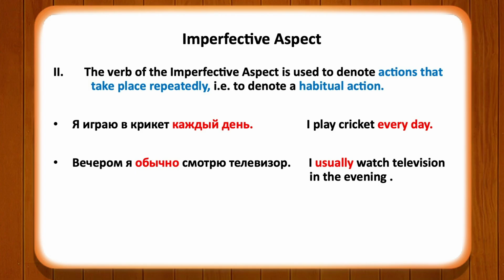In this meaning, adverbs like usually, often, every day, etc. may be used in a sentence to denote the repetition of that action. The verb of imperfective aspect is also used to denote simultaneous action.